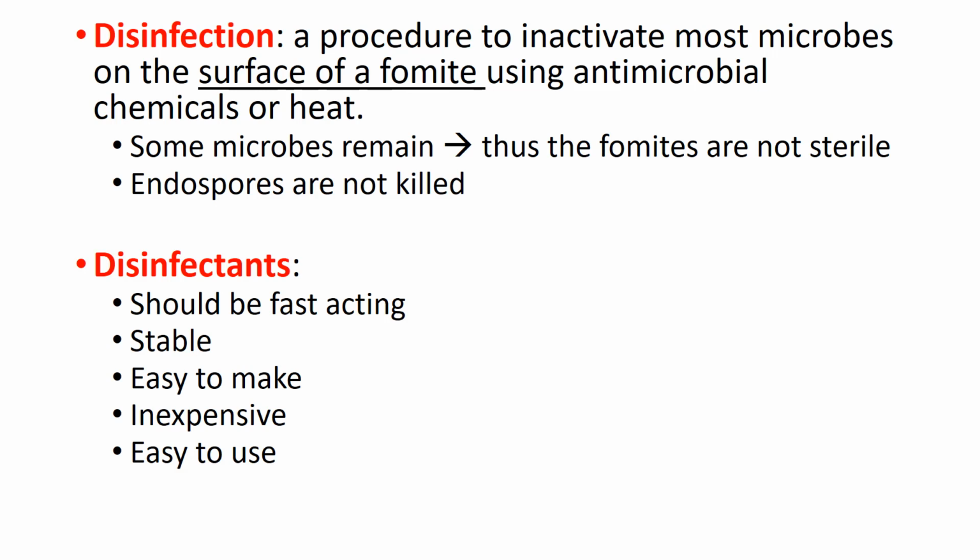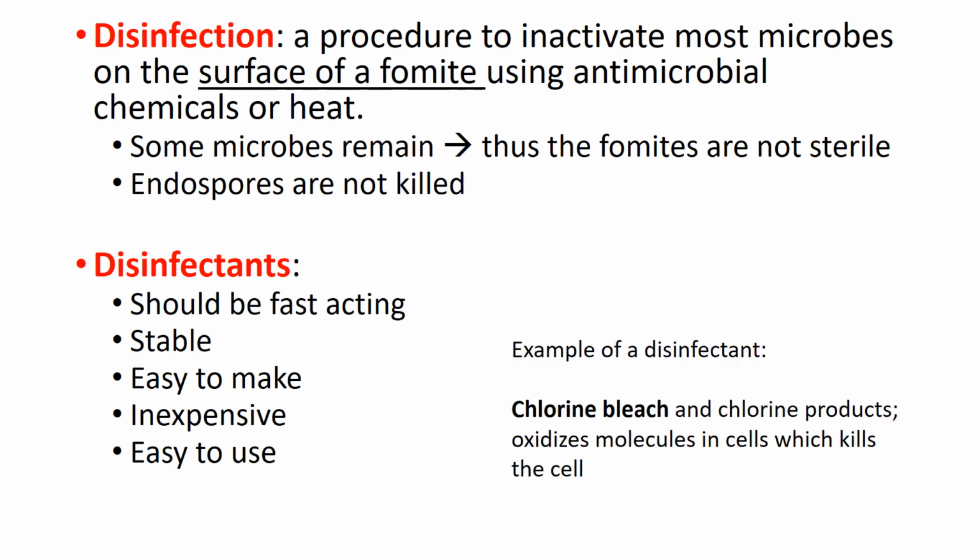Now, I'm not going to stress these features of what a disinfectant should be, but I'd like you to know an example. And I'm trying to use common household examples. An example of a disinfectant would be chlorine bleach or any type of chlorine products. The way that they work is they oxidize molecules in the cell, which will help kill them.